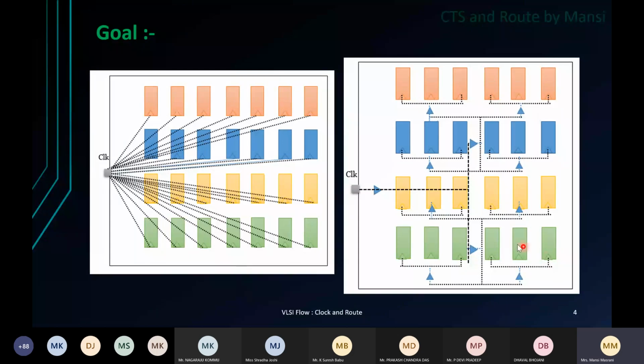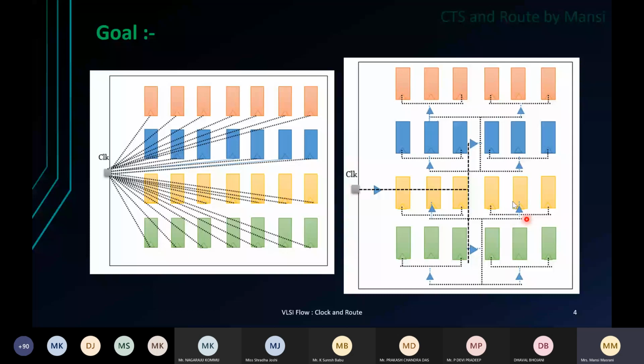Though the colors are different, which shows that these are all differently balanced for the skew. Let's say here I'm trying to balance my skew at 10 PS, here at 12 PS, here it's 20 PS, here it's 30 PS. So the difference between the least skew and the maximum skew is global skew.